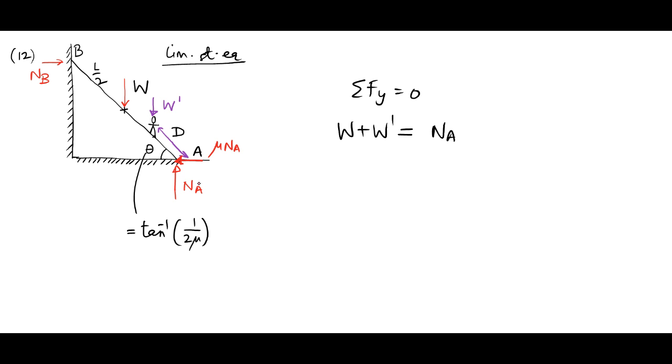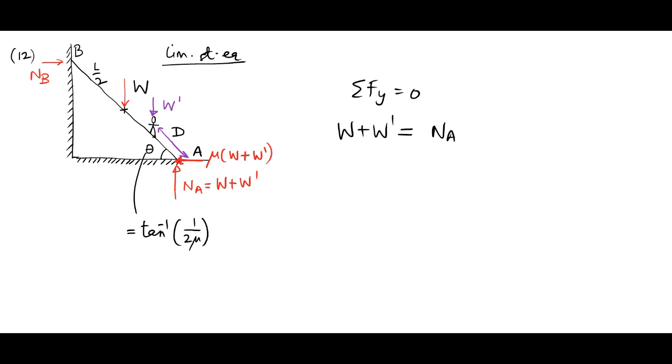So I'll just write it over here, mu NA is equal to W plus W dash, and immediately this mu NA becomes mu into W plus W dash. I'll just replace that. It's mu times W plus W dash.